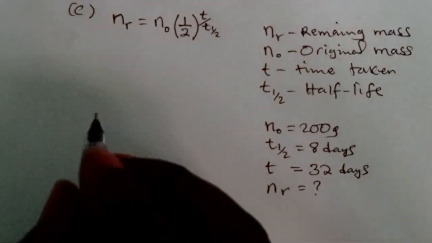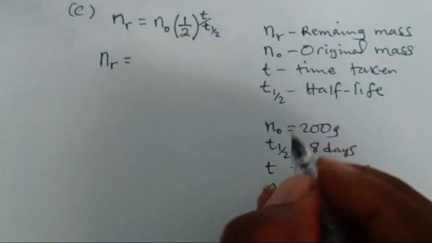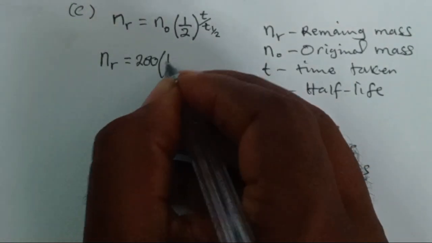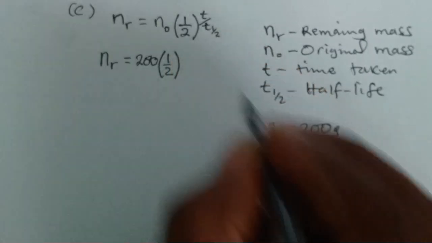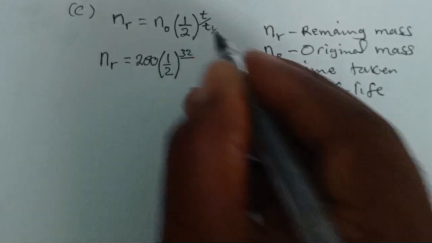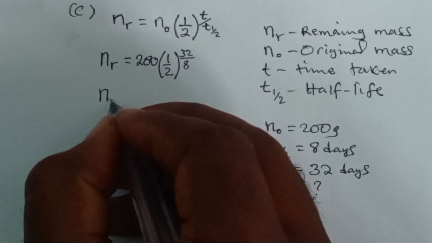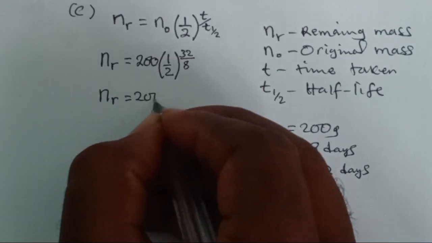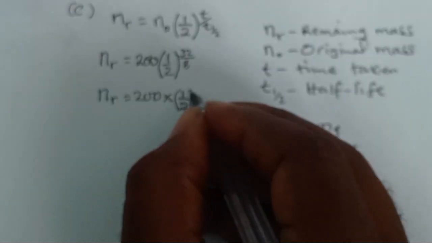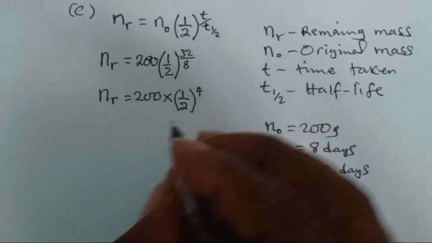So the original mass is 200 grams times 1/2 to the power of time taken, 32, divided by half-life, 8. 32 divided by 8 is 4.